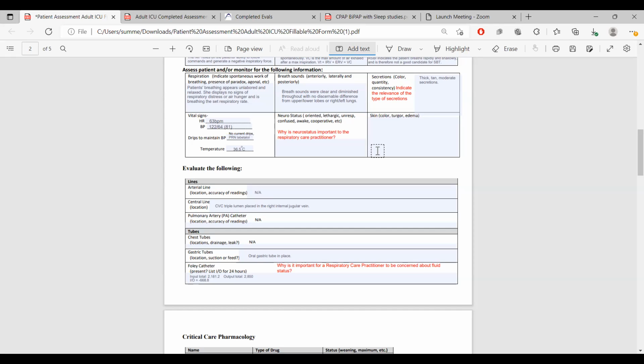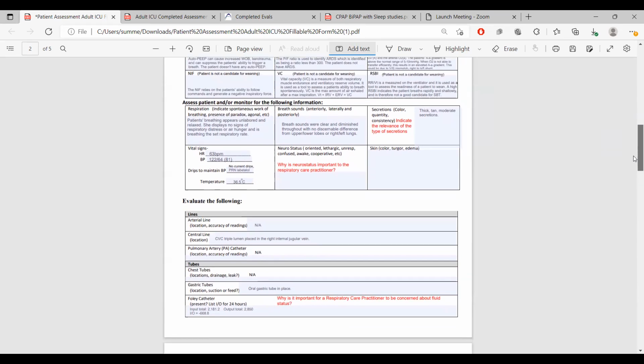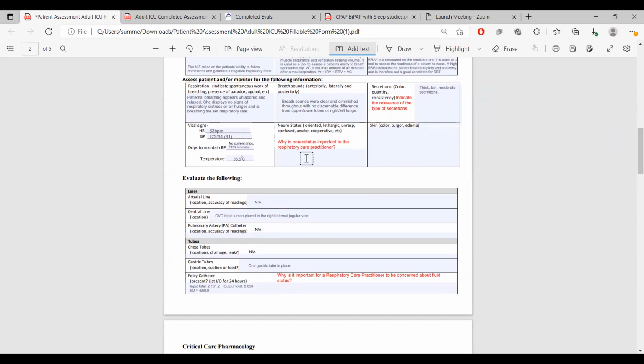Unresponsive, but moves. Unresponsive. Yeah. And why is neurostatus important? I mean, whether she can participate in the weaning parameters and whether she can protect her own airway. Perfect. Yes. Okay.